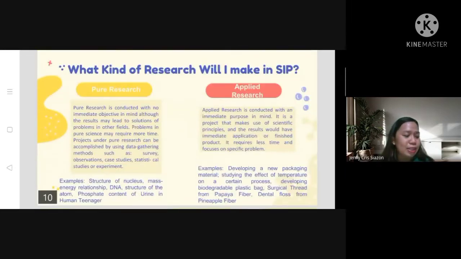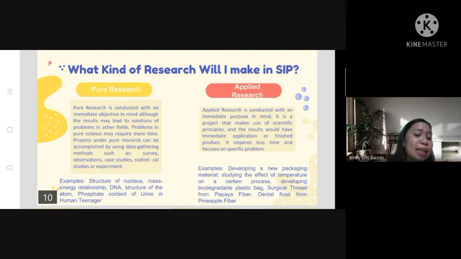Okay, so this time around, what kind of research will I make in SIP? Okay, there are two classes, no, or two divisions of research. We have the pure research and applied research. In pure research, it is conducted with no immediate objective in mind, although the results may lead to solutions of problems in other fields.